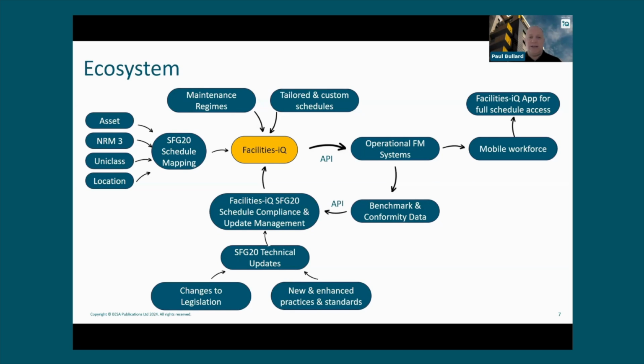And we're looking at doing that in a very expedient way to enable yourselves to bring data into your systems very quickly, and most importantly, then keep them up to date. So we're fed in by the maintenance regimes and custom schedules that you have the ability to produce. So you're making content very relevant and available to your individual sites or contracts.